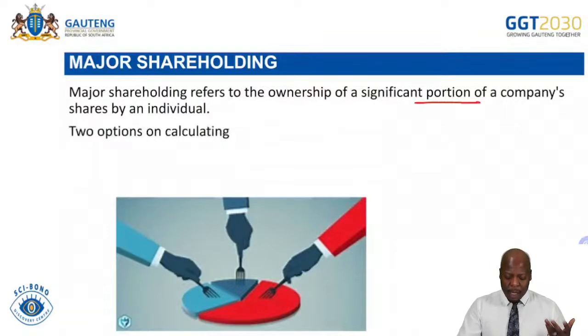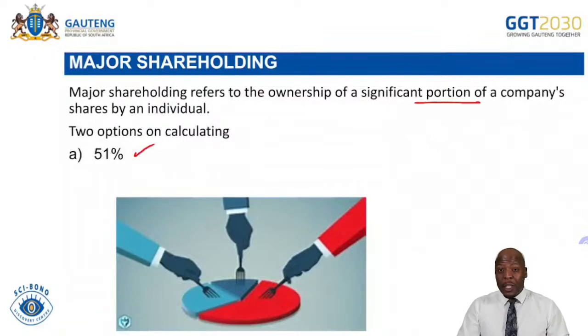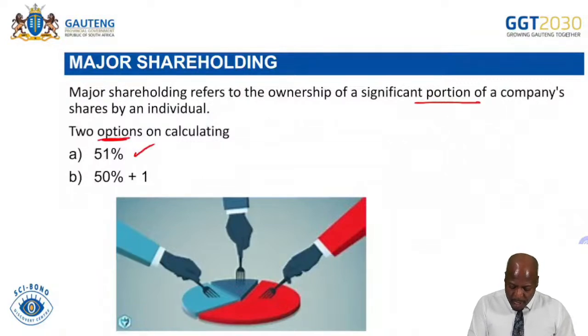There are two options we're going to explore. The first option is 51%: if an individual holds 51%, he becomes a major shareholder. The second option is 50% plus one share.